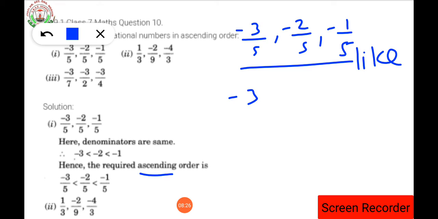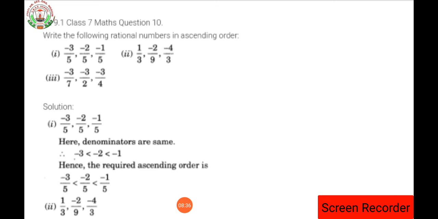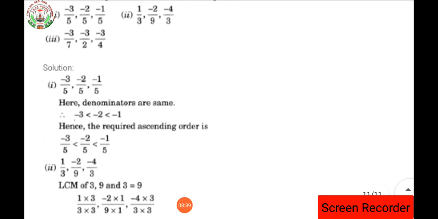So minus 3 is smaller than minus 2, minus 2 is smaller than minus 1. So obviously this is the ascending order, simple. If the numbers are like terms, we can directly arrange them in ascending order.